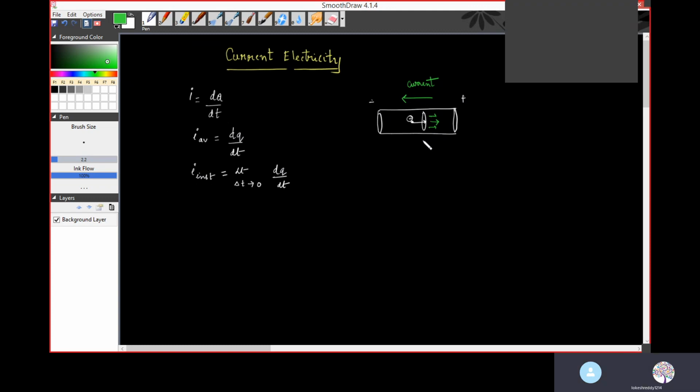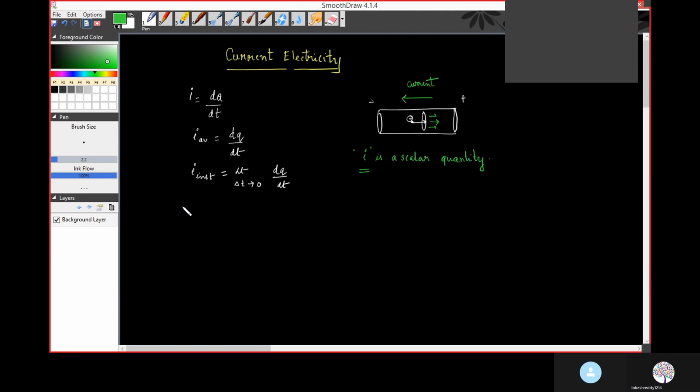And current is a scalar quantity. It has magnitude and direction, but still it is a scalar because it doesn't follow vector laws.